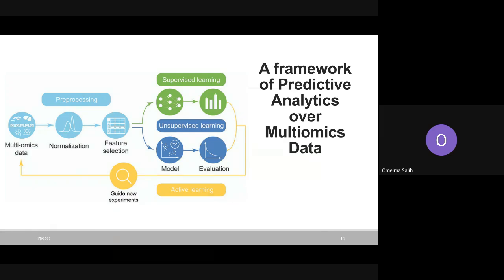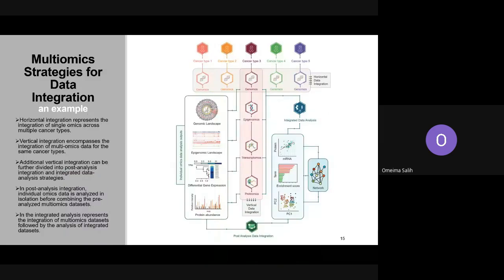Now studies are talking a lot about the use of AI in analyzing multi-omics because it's using a different algorithm, and this is combined with statistical analysis in the different software or databases. It gives more insight about the data sets and more information about the outcome of these studies.